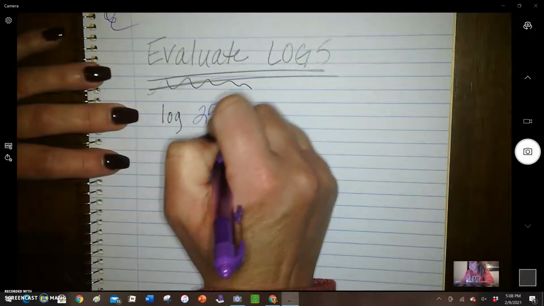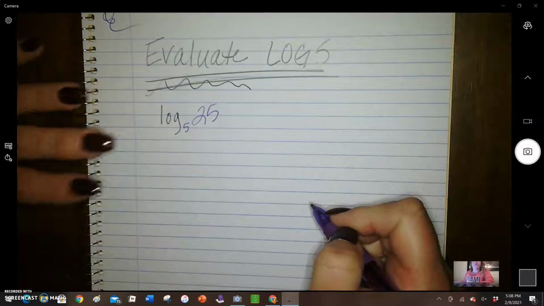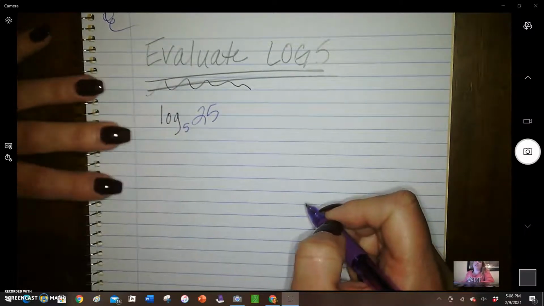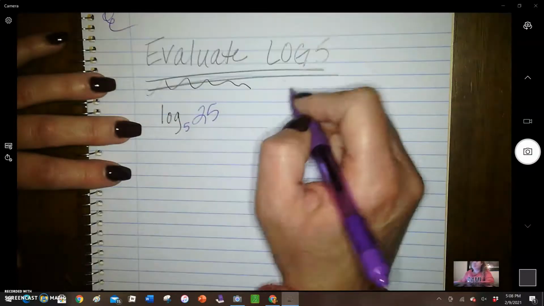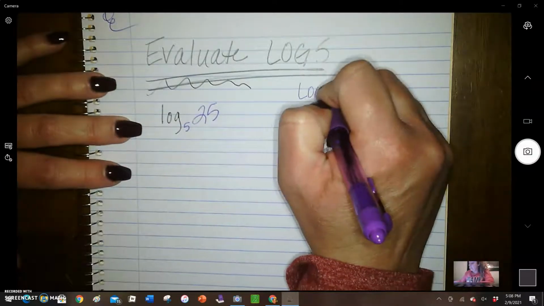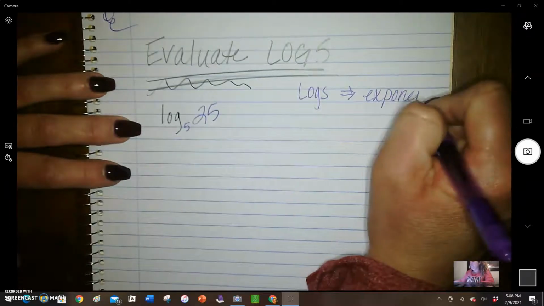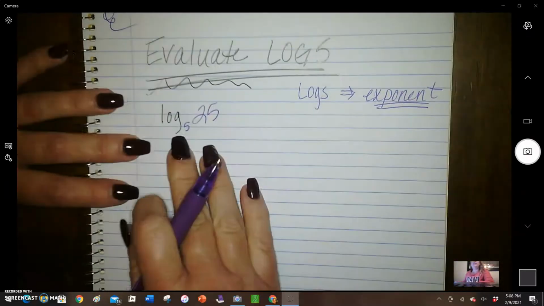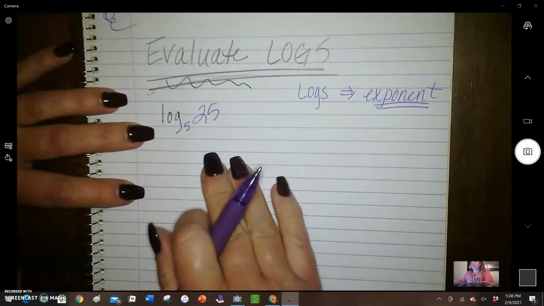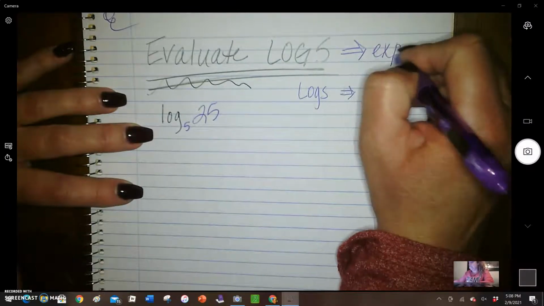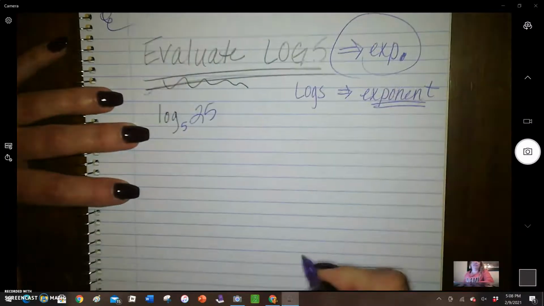The log of 25 with a base of 5. By the way, this has an answer. There is a number associated with it, okay? One of the things that I need to remind you about is that logs equal the exponent, and so you need to keep that in mind. When you are evaluating the logs, you are giving the answer as the exponent. That is what the answer to every log is.